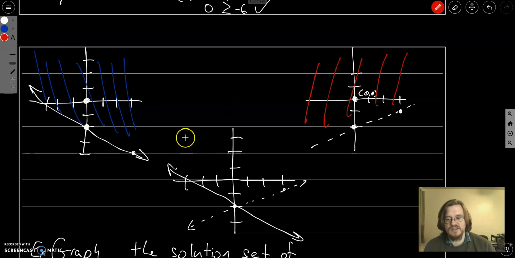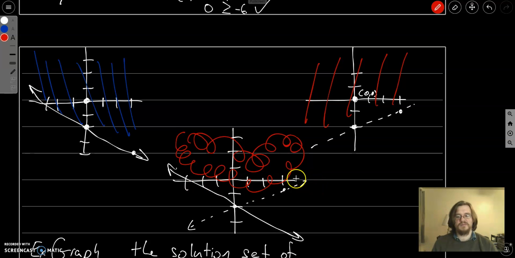So that's going to be, I'll try to do this in a different way, all of the area above both of them. So notice that there are a couple more areas over here. The area in here is above the dotted line, but not above the solid line. So we don't include that. The area over here is above the solid line, but not above the dotted line.